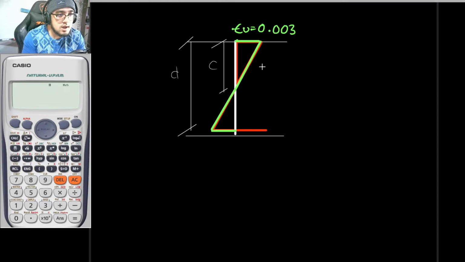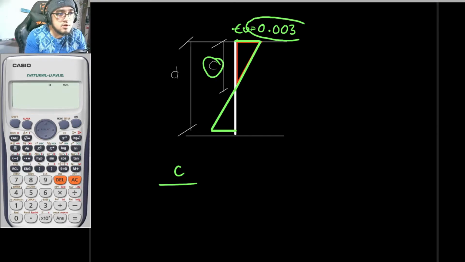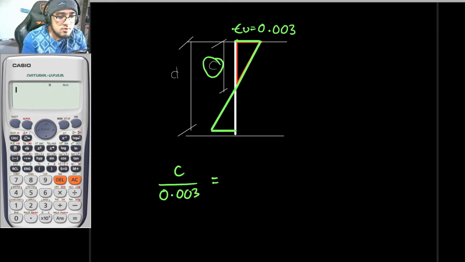I will be comparing both of them. For the smaller triangle, that is c divided by 0.003. And this is now to be equal to the ratio of the similar triangle that is bigger.